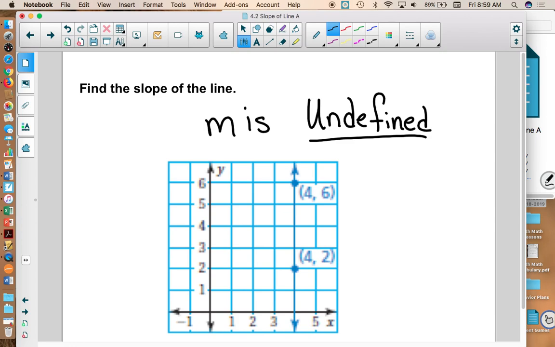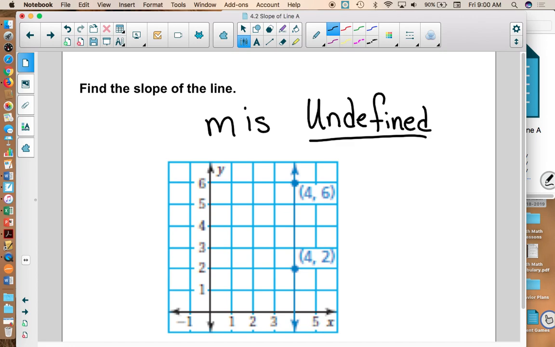M, or the slope, is undefined. A vertical line has an undefined slope every time. Because, yes, I'm going up and down 4. Do you agree with that? But I'm not running. It's an undefined slope.